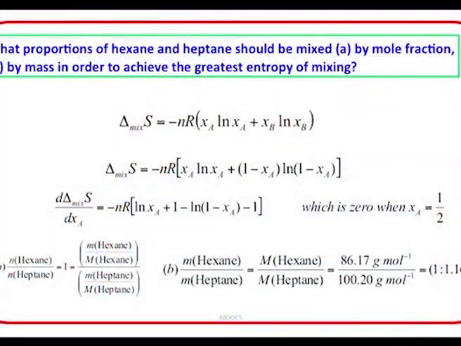So, to solve this kind of question, what we need to know is first the expression for the entropy of mixing, and then we need to know what should be the value of mole fraction under the given conditions.